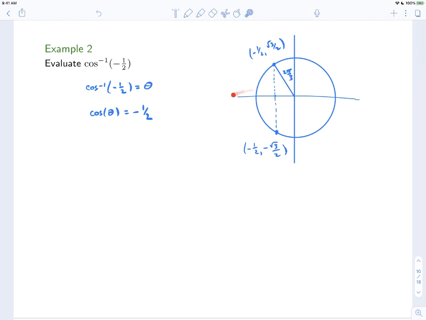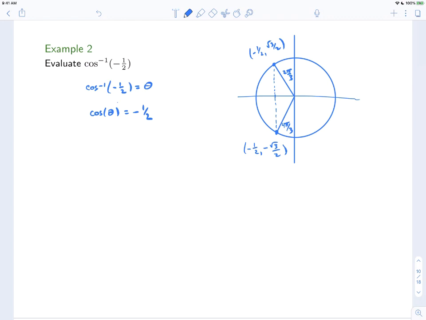This angle here, which is pi, that's 3 pi over 3. So 2 pi over 3, 3 pi over 3, this one is 4 pi over 3. And any angle coterminal with these two angles will also give us an angle theta so that cosine of theta is minus 1/2.